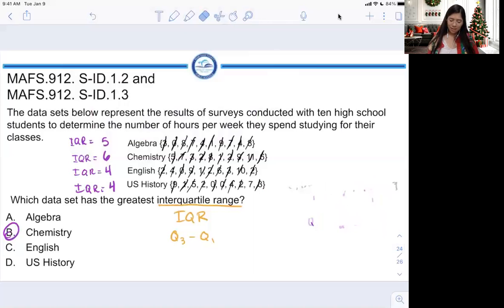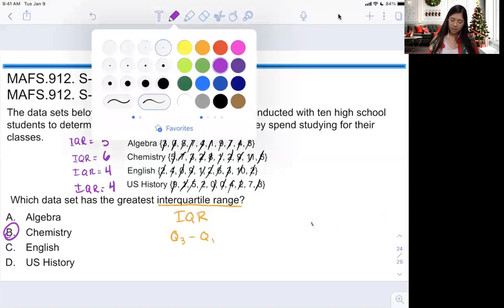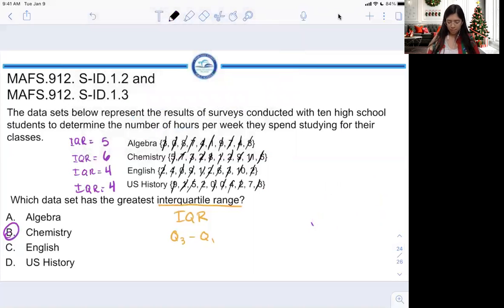Now, very quickly, because I didn't see an example like this, I just want to list some random numbers. 1, 2, 3, 4, 5, 6, 7, 8, 9.